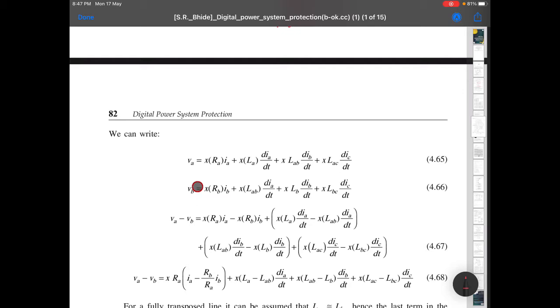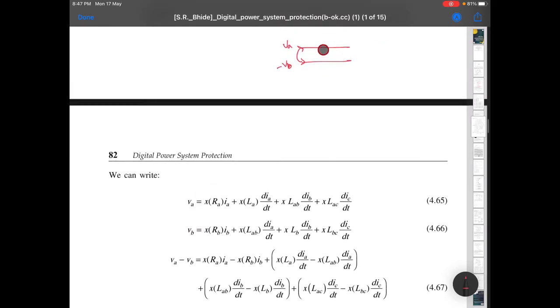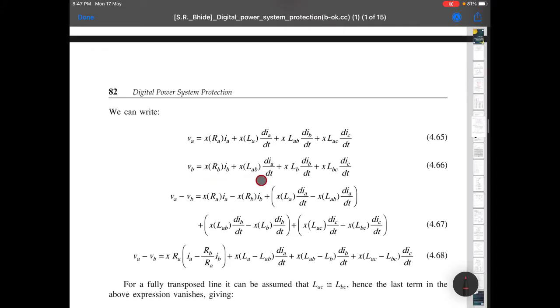Now since it is a phase fault, we want to see both the equations. Vb also, on similar lines, wherever A is there you simply replace it by B, and you will get the other equation. With these two equations, if you take the difference, because there is a contact between these two phases, the voltage will be the difference of these.